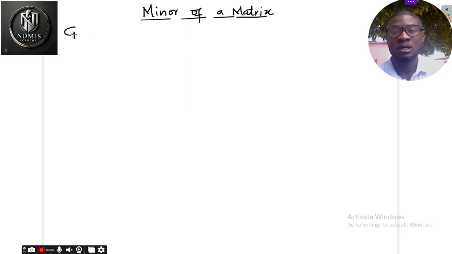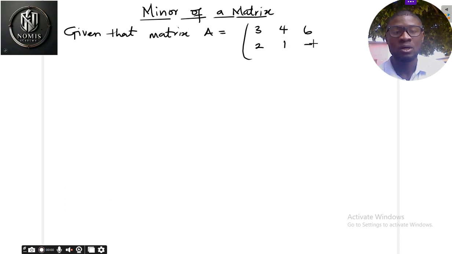Given that matrix A is equal to 3, 4, 6, 2, 1, minus 1, then minus 1, 3, 5.